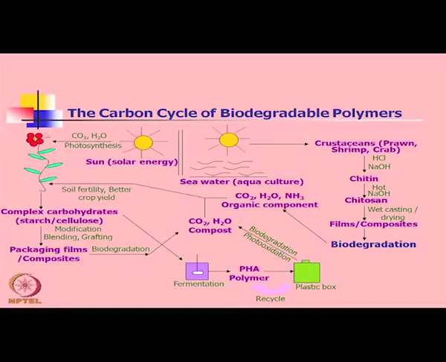So, the plant body is formed. These plant bodies contain carbohydrates, proteins, lipids, etc., and form complex carbohydrates, say for example, wood.